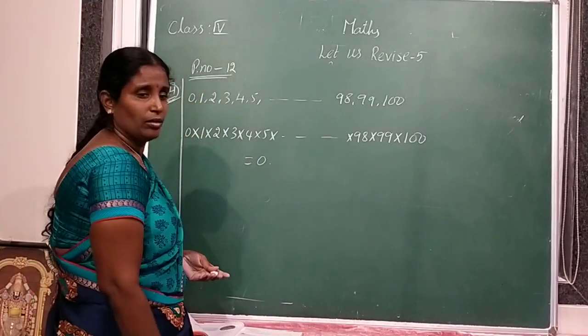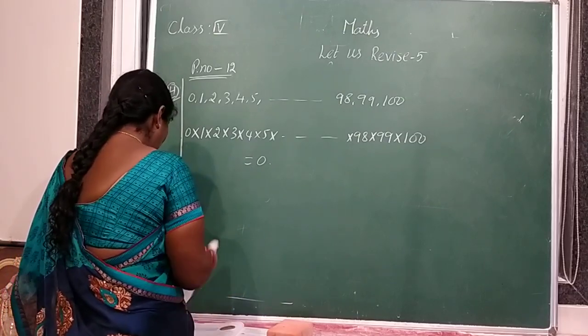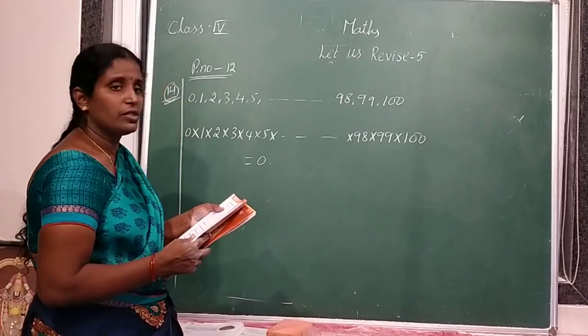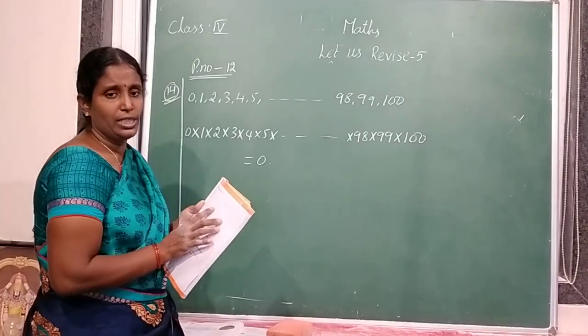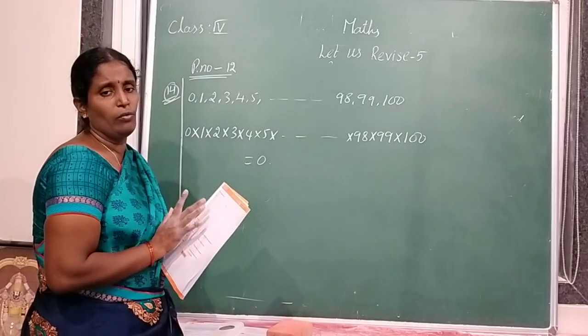Understood, children? Okay, now open page number 11. In page number 11, 12th problem, multiply the following numbers. Two multiplications are there, so do these two multiplications as homework.